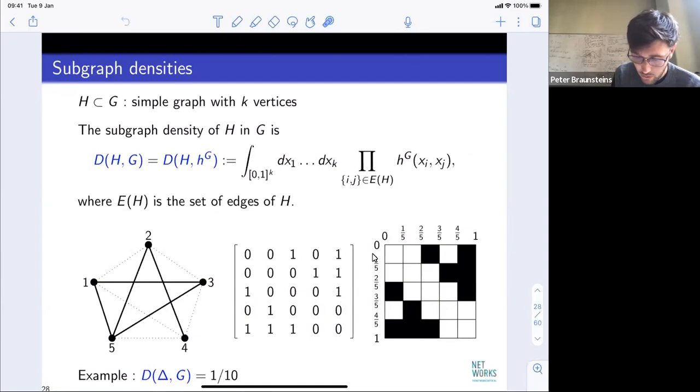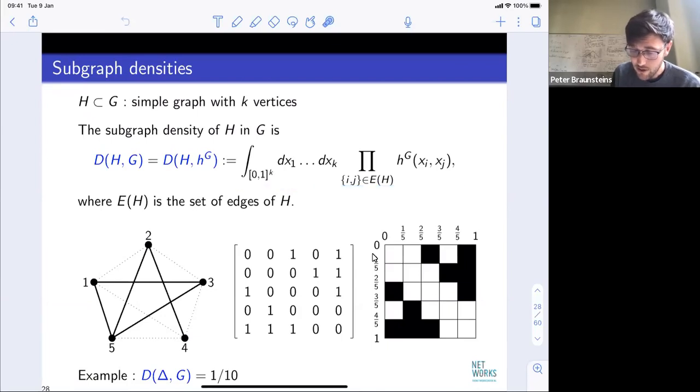For any simple graph H with k vertices, so H might be a triangle and k would then be equal to 3, we can get the subgraph density using this formula.